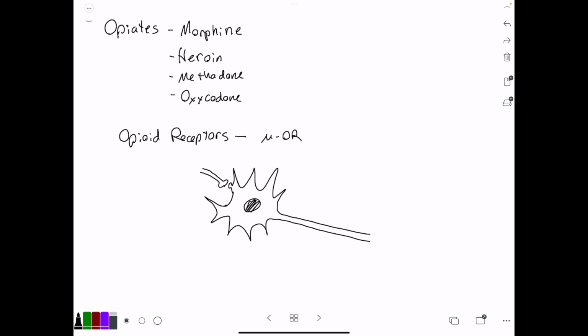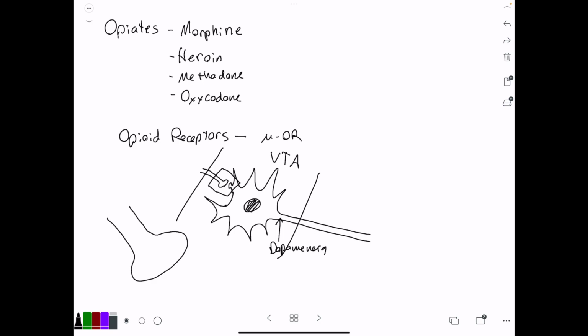So I will once again be focusing in here on this box, and so what we have here is an input onto our, and this is in our VTA, right? So this is our dopaminergic neuron, and this is sending signals all the way down to perhaps the nucleus accumbens or the medial prefrontal cortex.